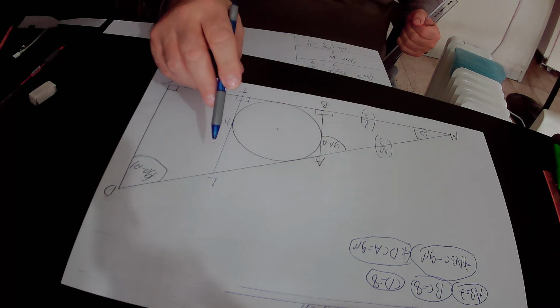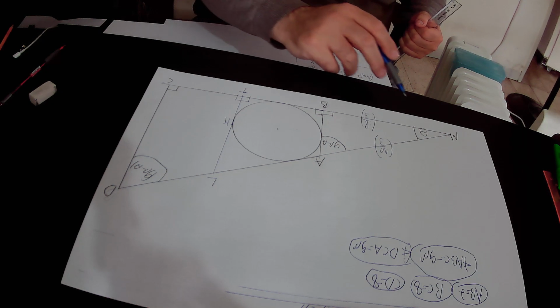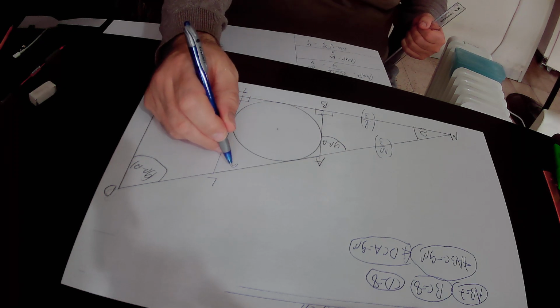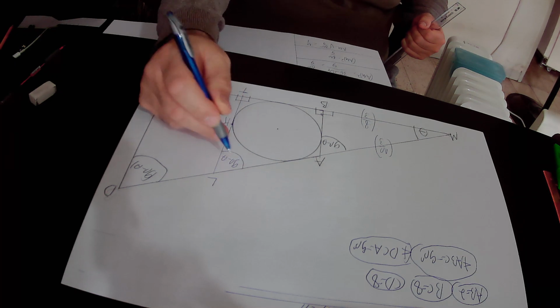In this big right triangle LTM, this angle equals theta, this angle equals 90 degrees, therefore the missing angle must be equal to 90 degrees minus theta.